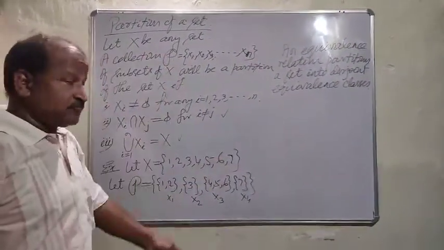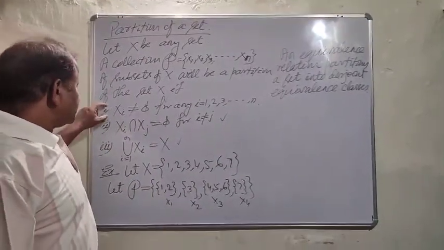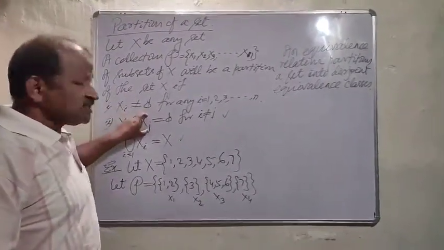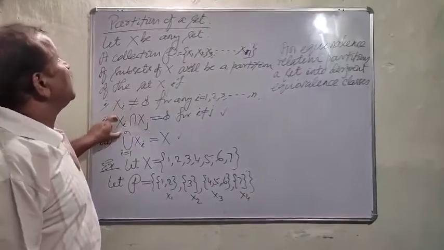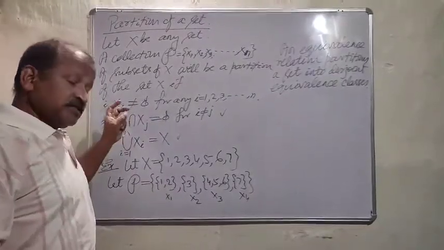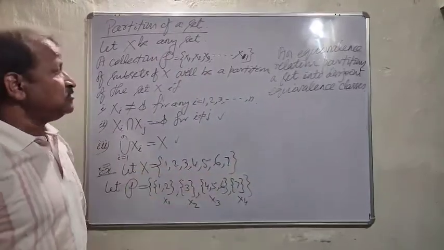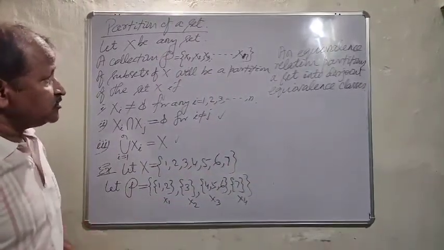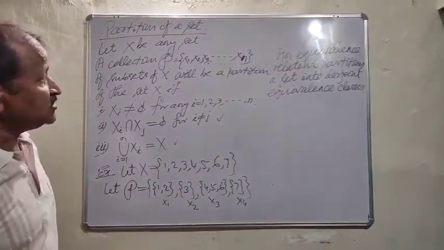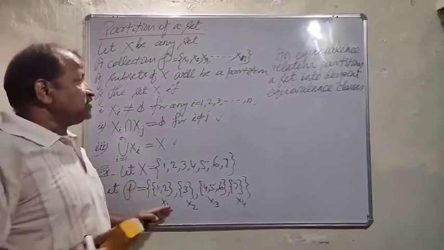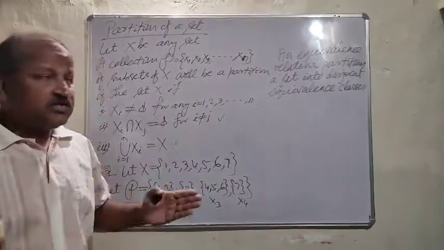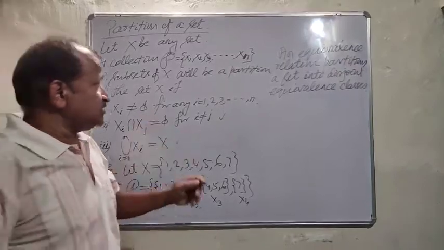We have already proved an equivalence class is non-empty. Two equivalence classes are either disjoint or they are equal, and number 3, their union is equal to X. So they form a partition. Okay, so an equivalence relation partitions a set into disjoint equivalence classes.